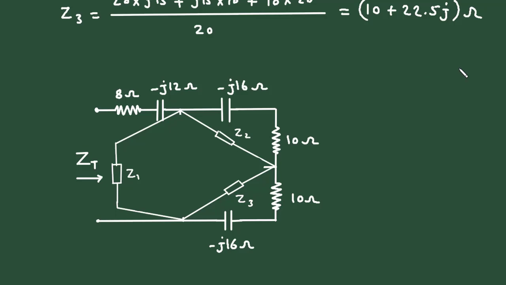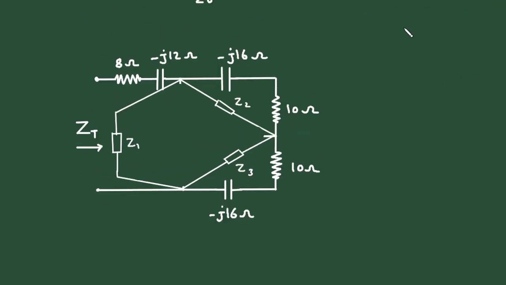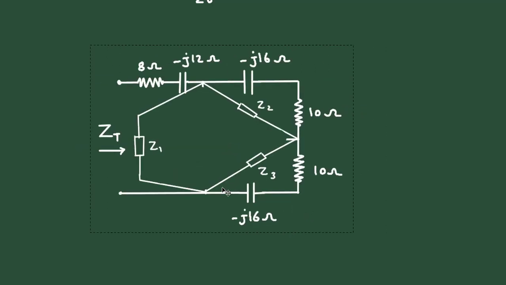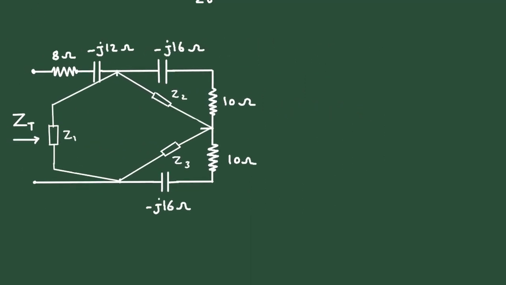Now we can simplify this circuit. So let's take this on this side. Now here we can see these two are connected in series and they are in parallel with Z2. So it is like 10 minus J16 ohm parallel with Z2.